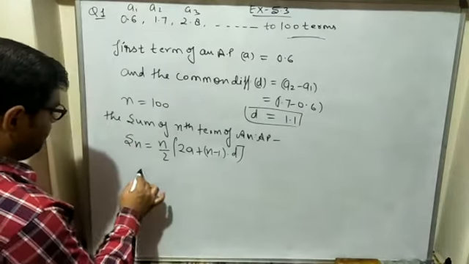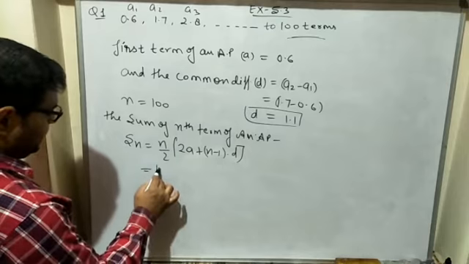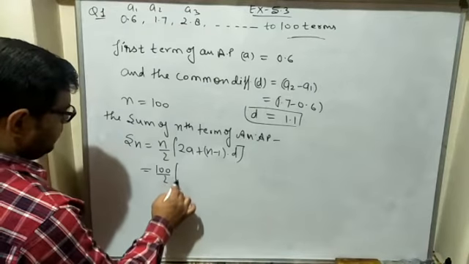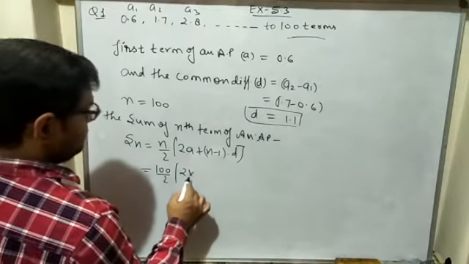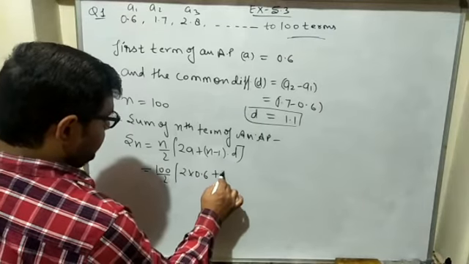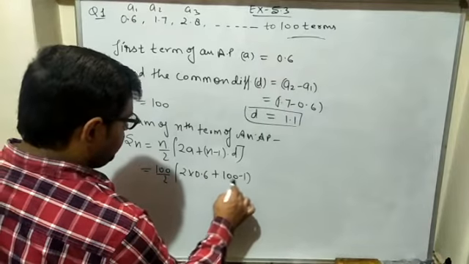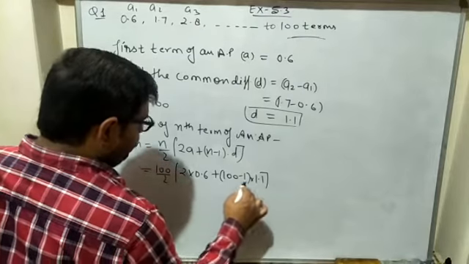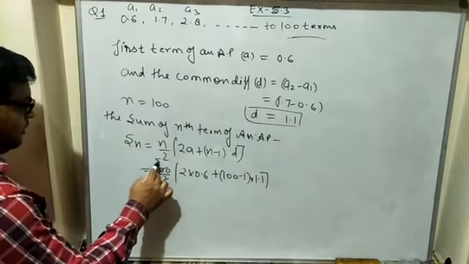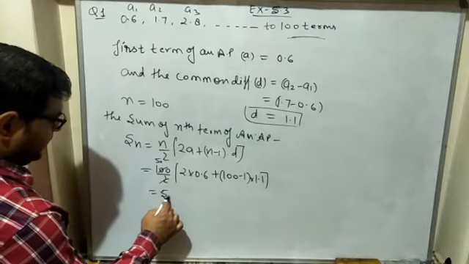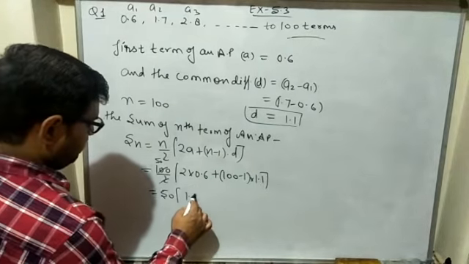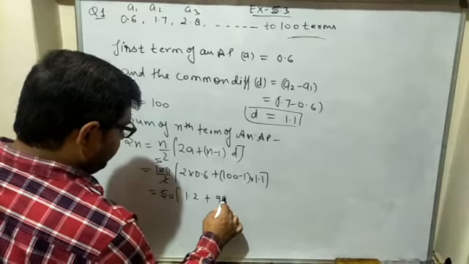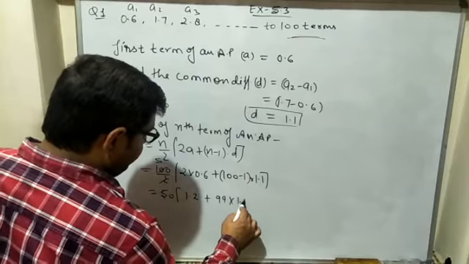As you observe, the value of n is 100, so we put it here, and the value of a is 0.6, n minus 1 is 100 minus 1, and d is 1.1. Further, it cancels out to 50. So we get 50 into (1.2 plus 99 into 1.1).